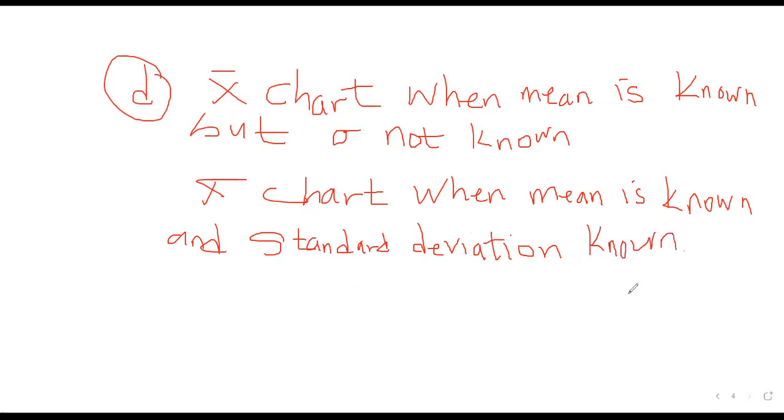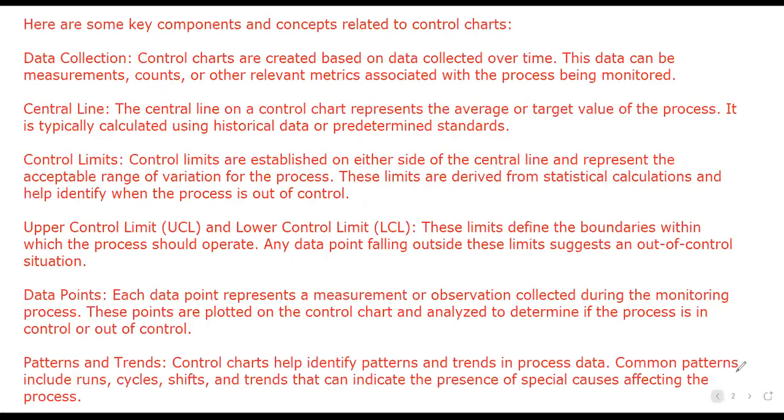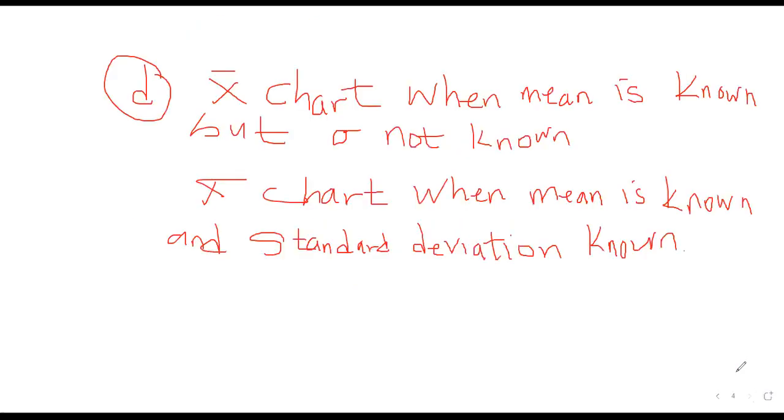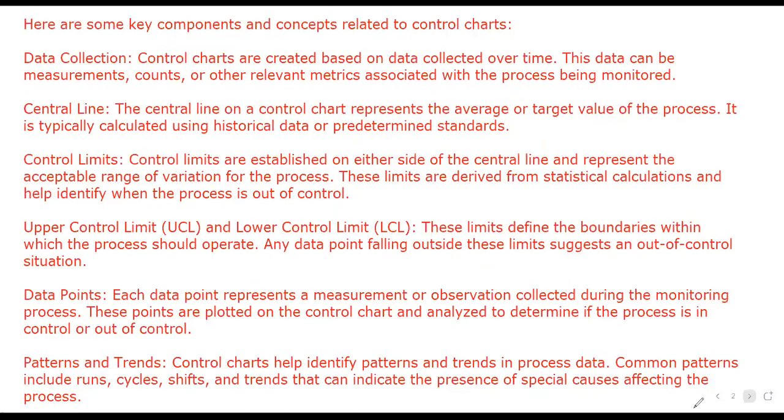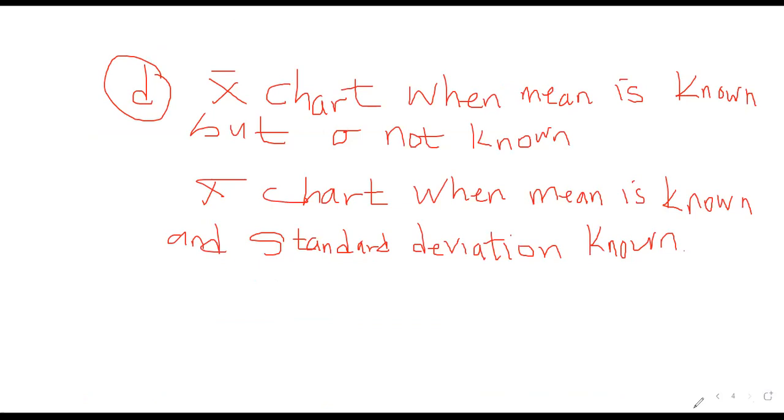So there are only 4 control charts: the R chart, the C chart, the P chart, and the X bar chart.